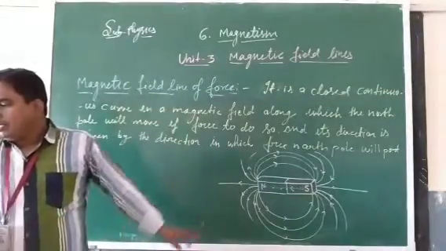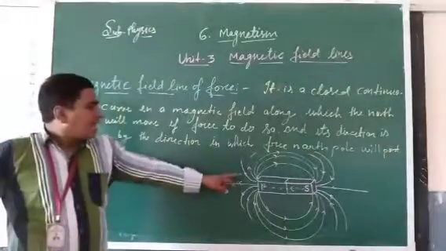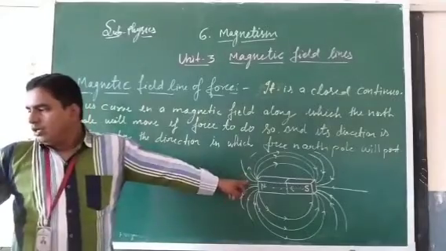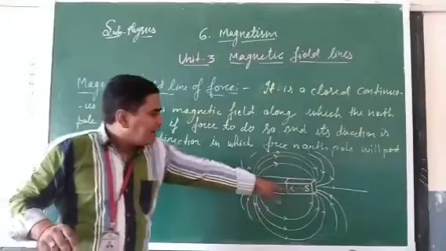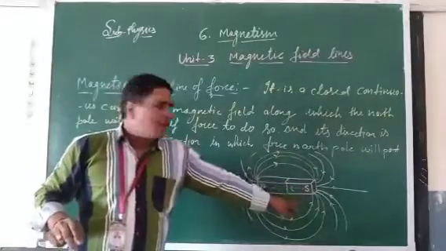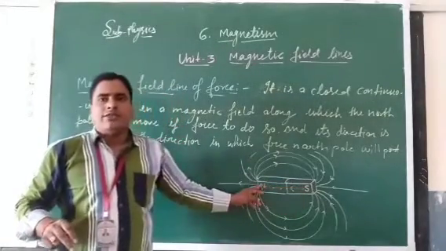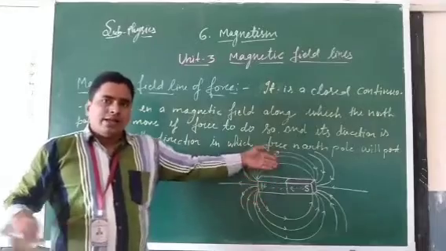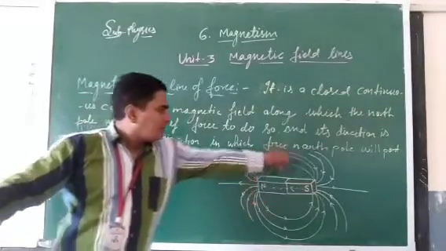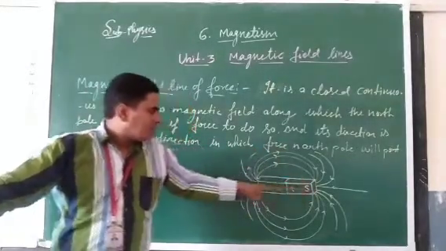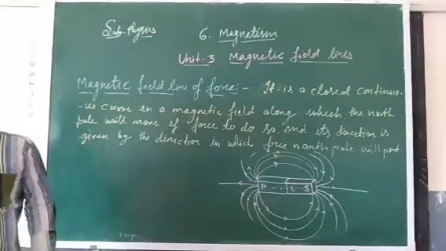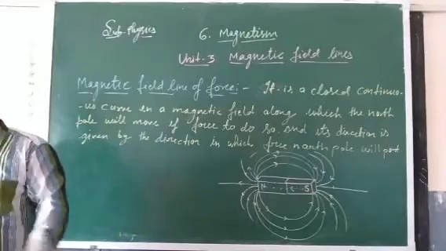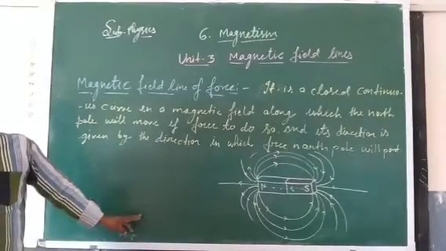Some more properties. They are directed from the north pole to the south pole outside the magnet, and inside the magnet they are directed from south to north. Just reverse. इसका जो डायरेक्शन है मैग्नेट के बाहर कैसे होगा, नॉर्थ से साउथ, एंड मैग्नेट के अंदर साउथ से नॉर्थ. क्लियर? Now they tend to contract longitudinally, that is, they bend along the length of the magnet.